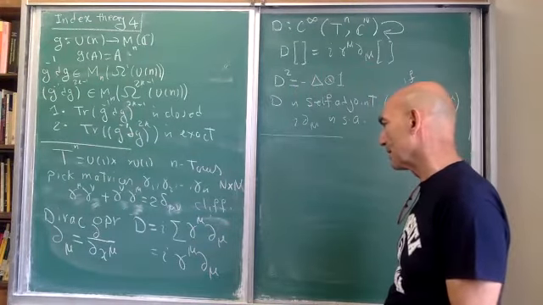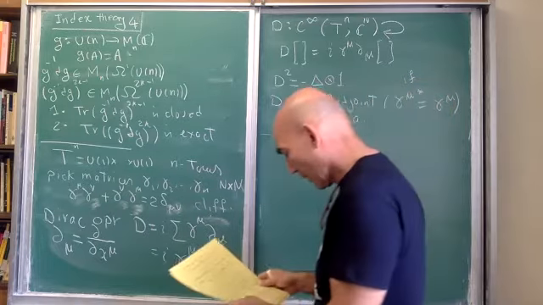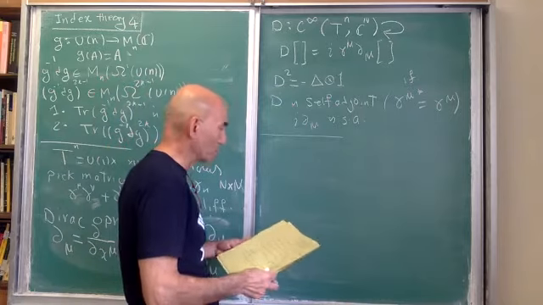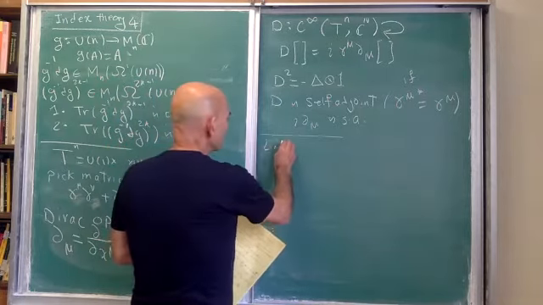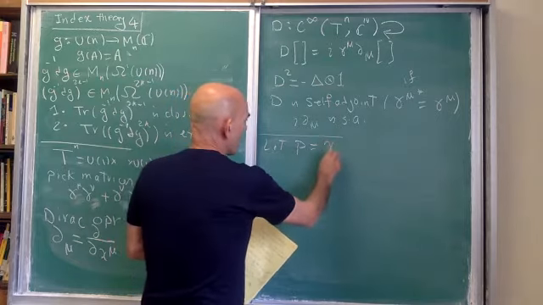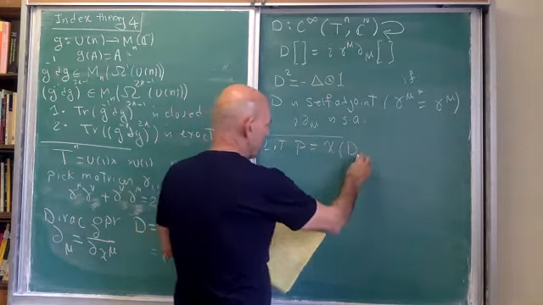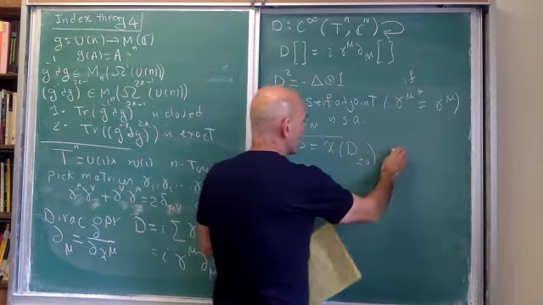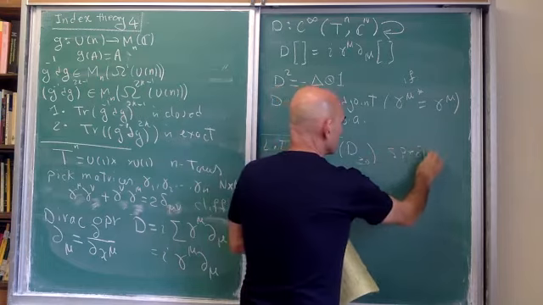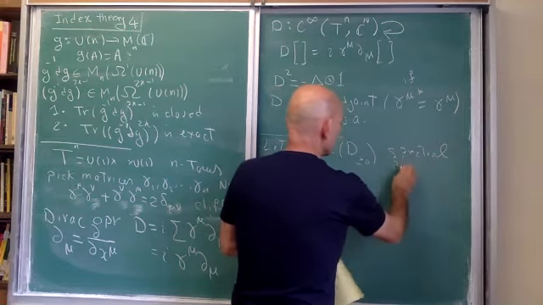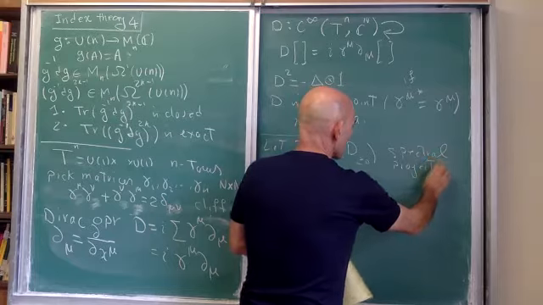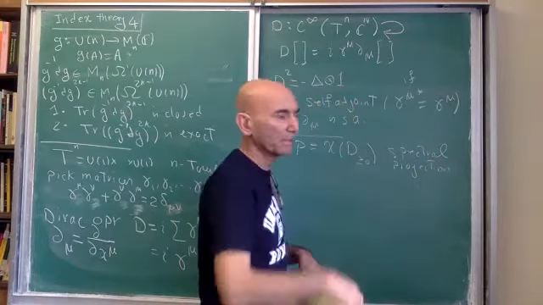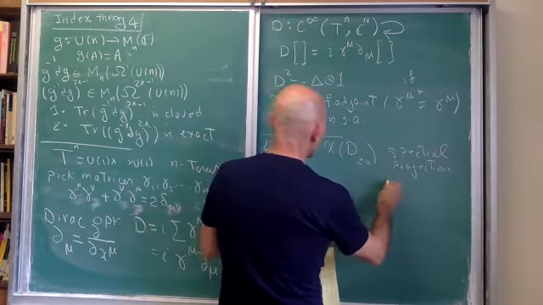We can just look at the spectral projection onto, so let P be chi of D bigger than or equal to 0. So that's a spectral projection onto the positive or non-negative eigenspace.